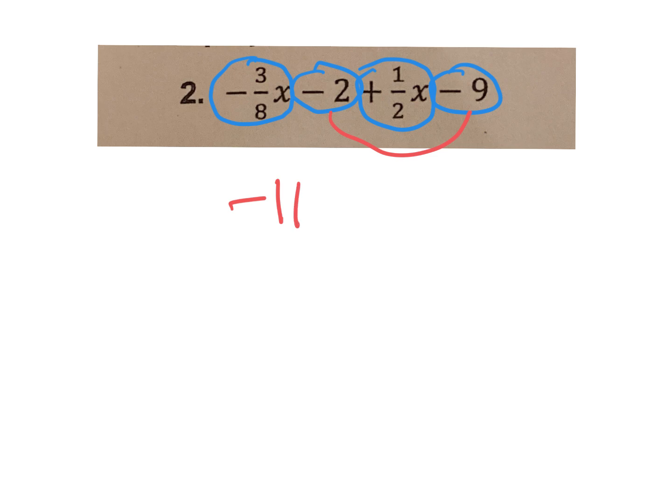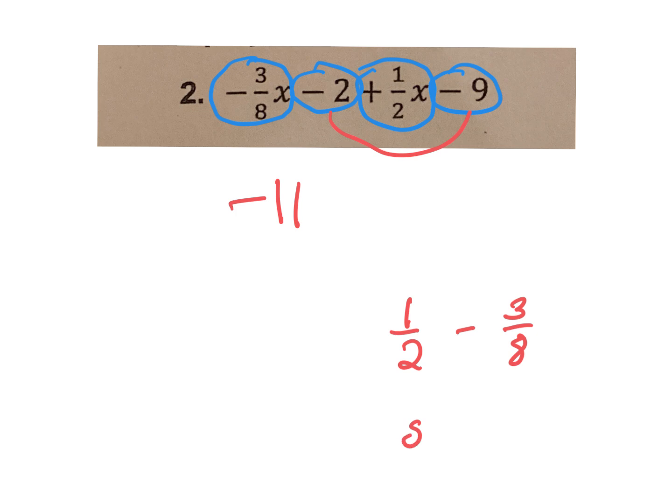And then I'm going to put a negative 3/8x plus a positive 1/2 x. So I know one's negative, one's positive, and the 3/8 is a little bit less than 1/2. So I have to find the difference, and it's going to be a positive. So I go 1/2 minus 3/8.